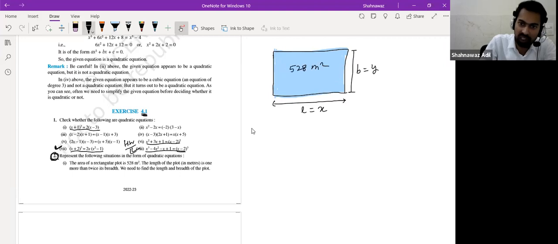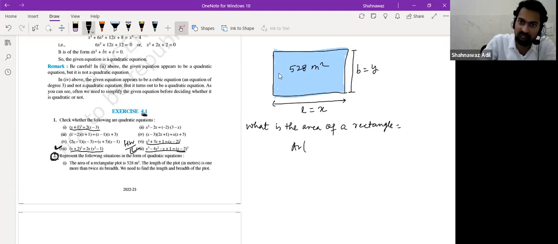So what is the area of a rectangle, Hamad? If you have some length and breadth, what is the area? The length is x. Yes, length is x and breadth is y.